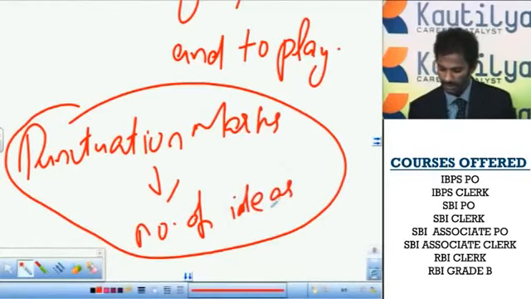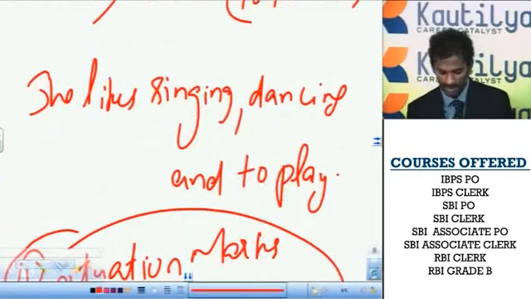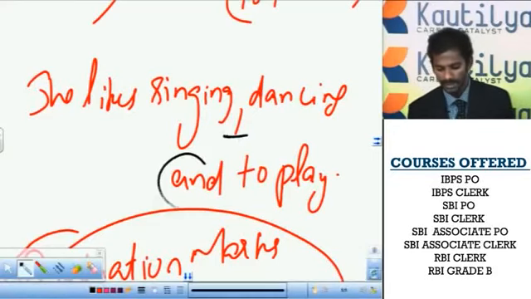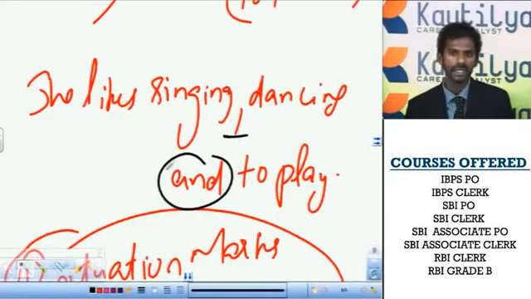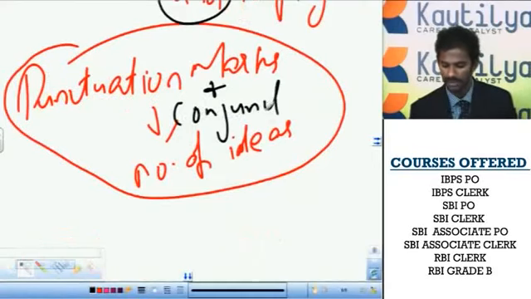So I went for a statement like, she likes singing, dancing and to play. There are 3 ideas in this sentence shown by comma. Then as you know, and is a conjunction. Conjunction connects 2 ideas, which we've already discussed. So you can look for punctuation marks and conjunctions to find out the number of ideas.